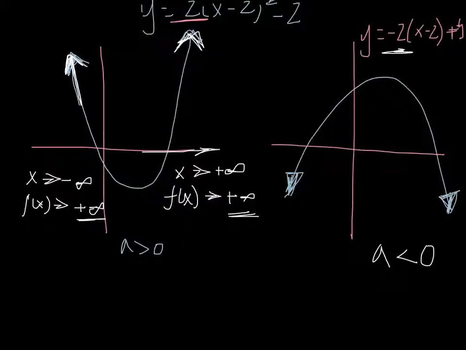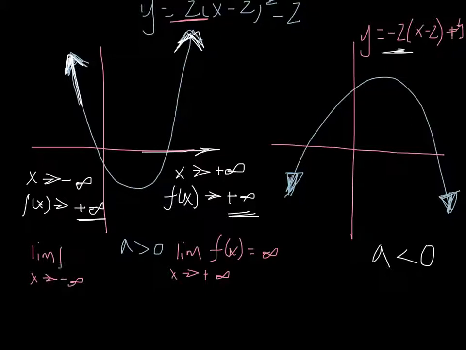The good notation is the limit as x approaches positive infinity, f of x equals positive infinity. On the left side, the limit as x goes to negative infinity, f of x equals positive infinity. That's the end behavior notation.